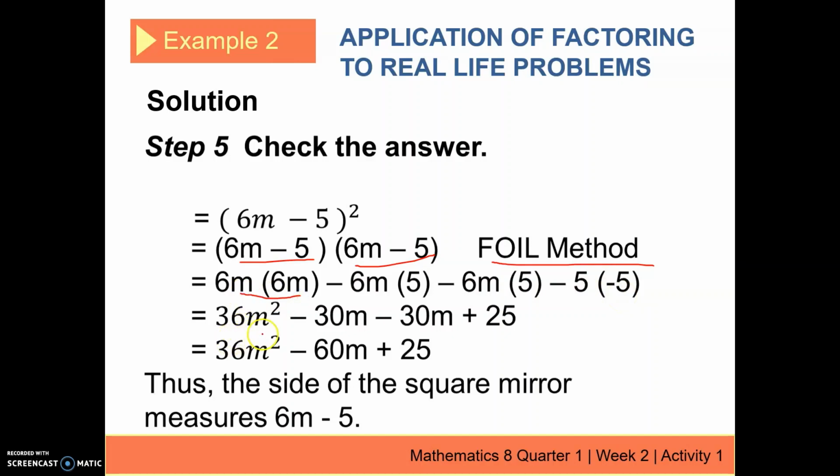Multiplying, we have 36m squared minus 30m minus 30m plus 25. Negative times negative is already positive. Simplifying further, combining negative 30m minus 30m, we have 36m squared minus 60m plus 25, which is actually the area of the square mentioned in the problem. Therefore, the side of the square really measures 6m minus 5. Our answer here is correct.